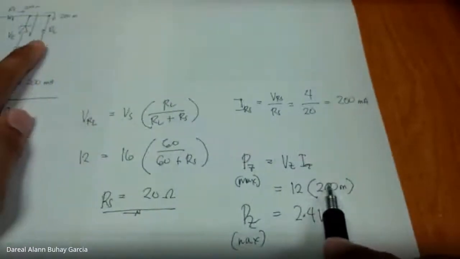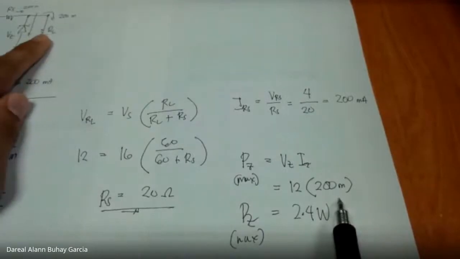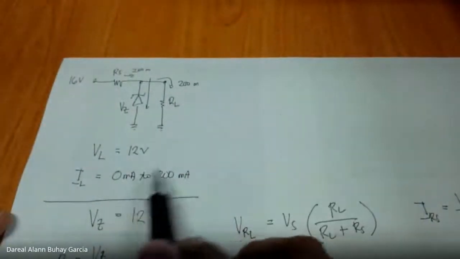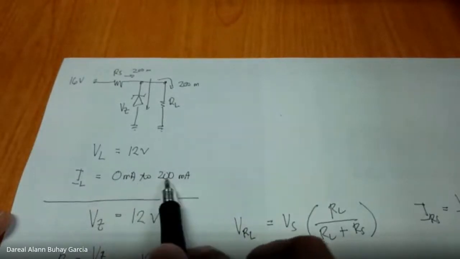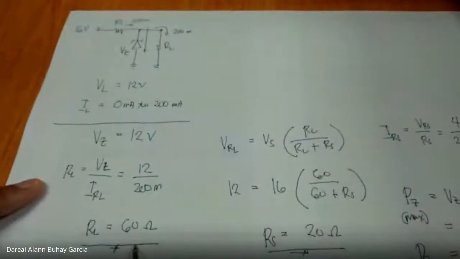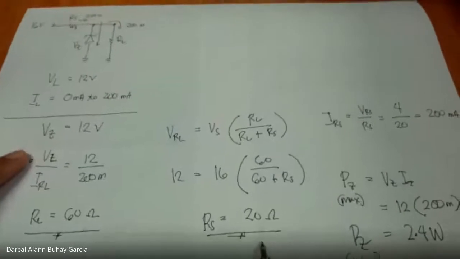So IRL will vary from 0 to 200. Let me just review: IL should vary from 0 to 200 milliamperes, and that is the opening value for RS.